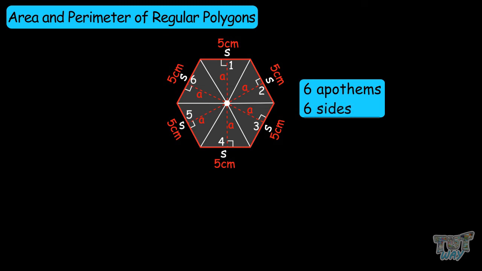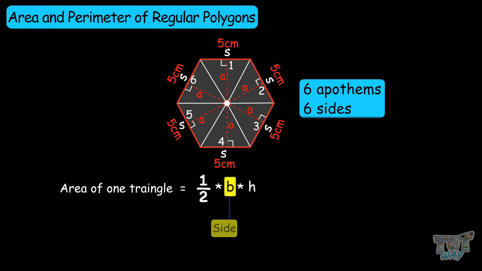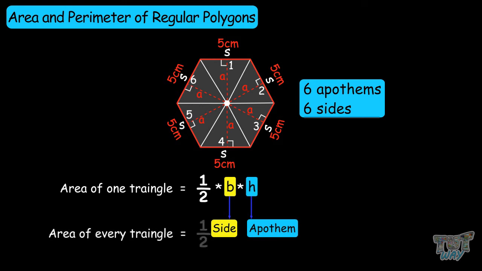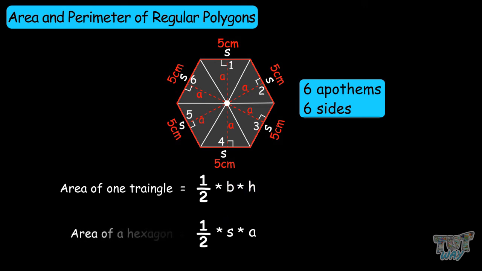In order to find the area of one triangle, what is the formula? The formula for finding the area of one triangle is half multiplied by base times height. Now the base is the side, and the height is the apothem, so the area of every triangle is half multiplied by S multiplied by A. What will be the area of the whole hexagon?